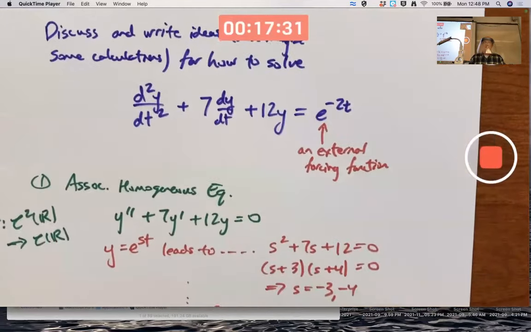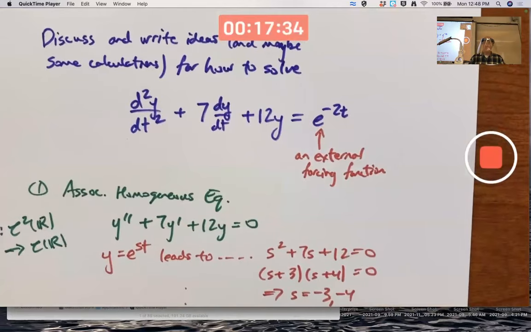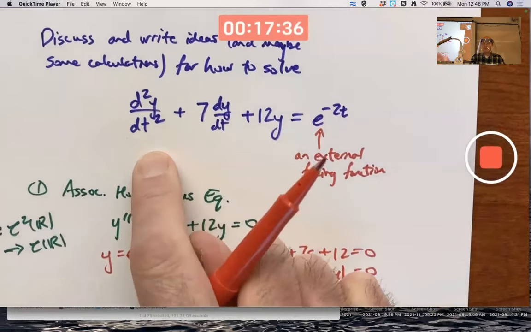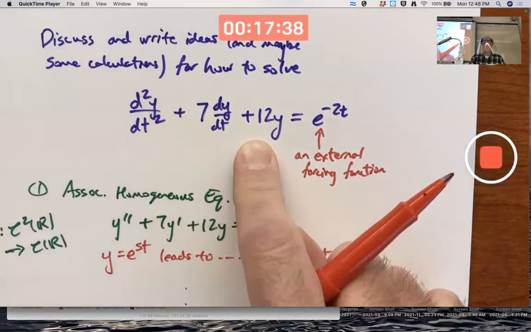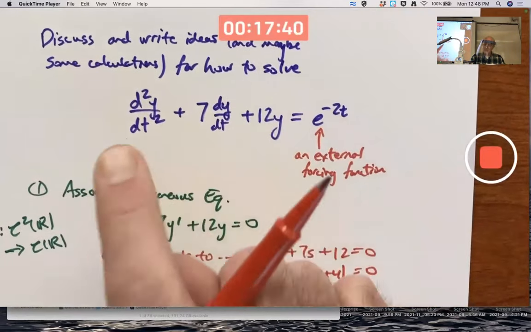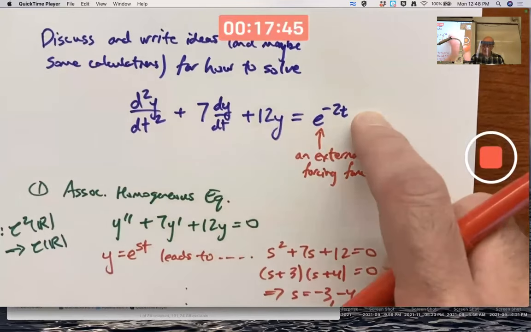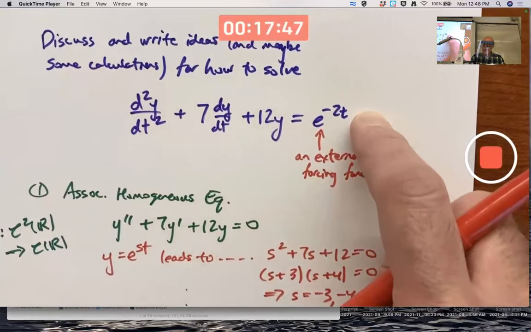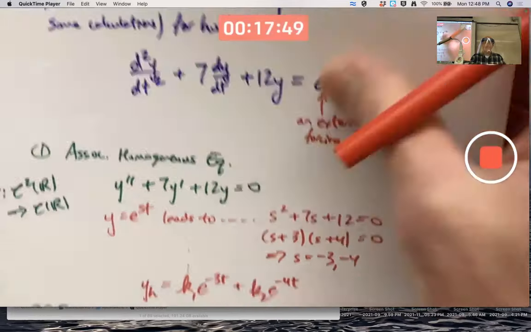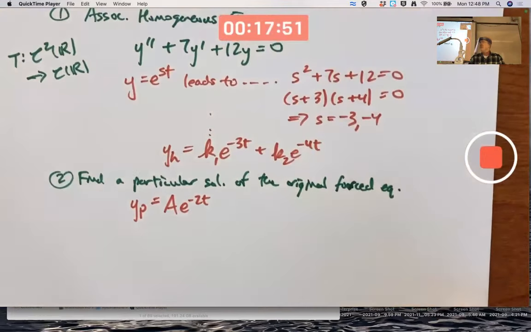Why? Because it's a logical guess. I'm looking for a function whose second derivative plus 7 times its first derivative plus 12 times itself always equals e to the negative 2t, no matter what t is. Something times e to the negative 2t is a good guess.